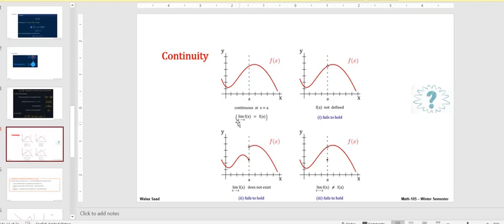And if we find the limit for f of x as x approaches any point, we will find the same value. So f of a is equal to the limit of x approaching a for f of x. And this is a very important note. We will know later why.